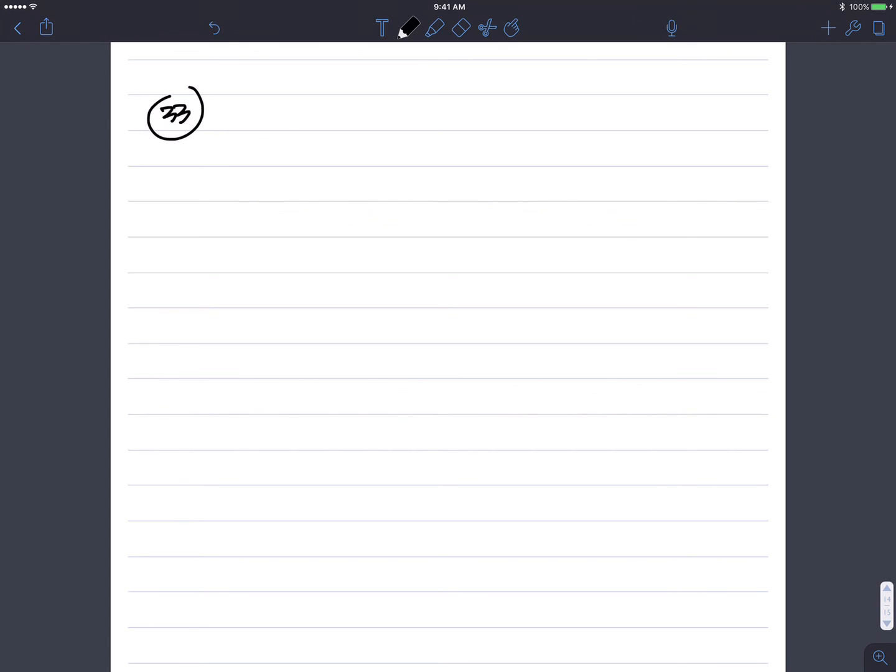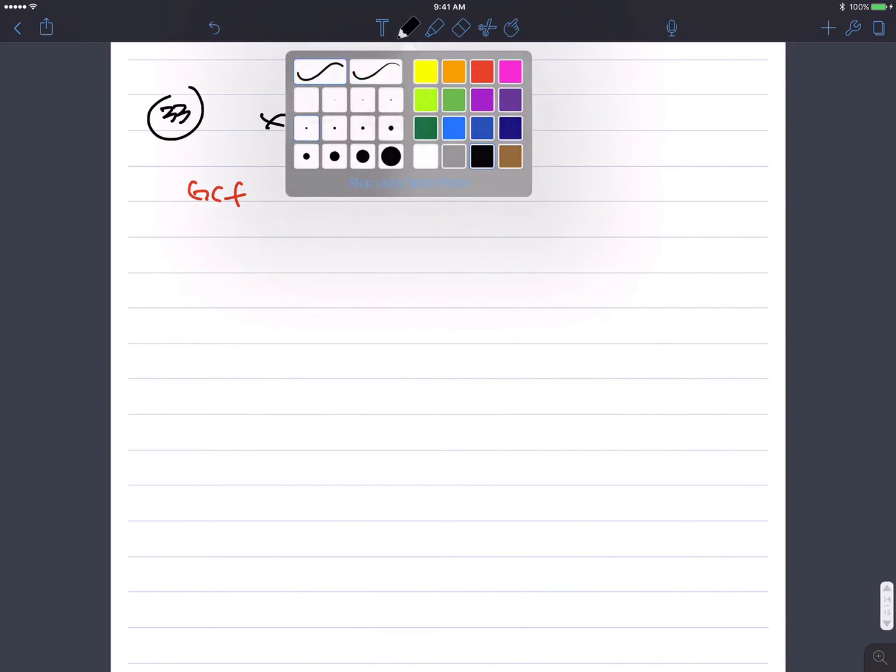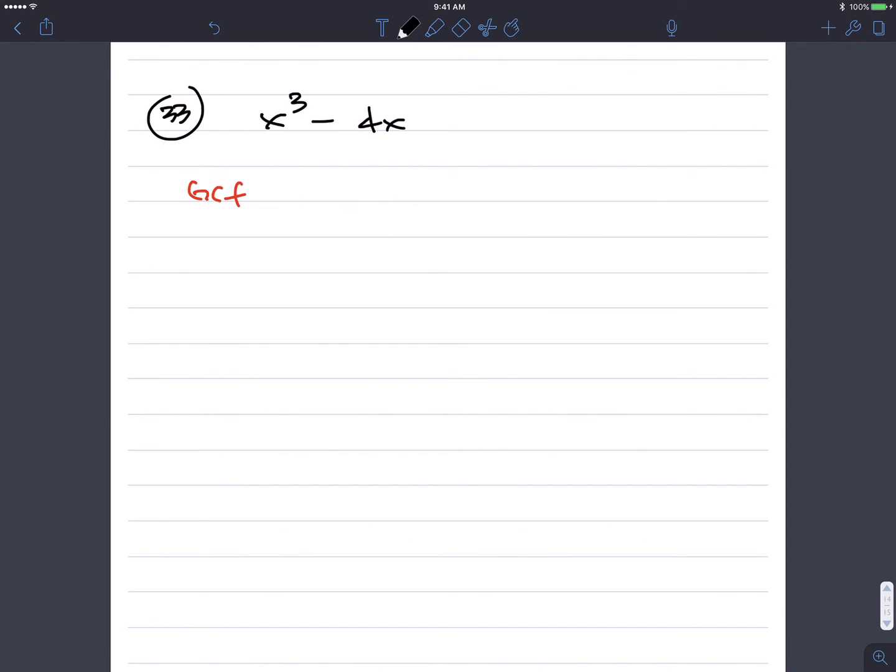33. Okay, look at this one. X to the 4th minus 4x. What's the greatest common factor? That's x cubed, sorry. What's your greatest common factor of x cubed and 4x? What's the GCF?